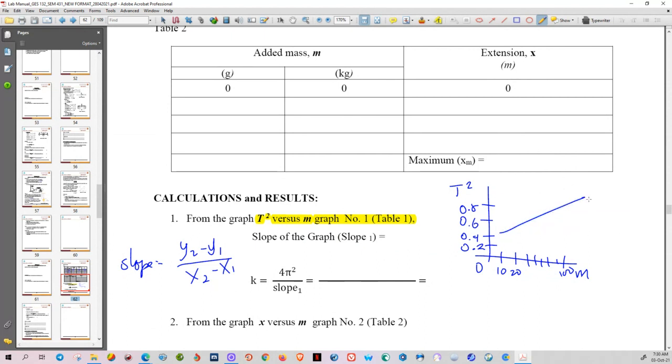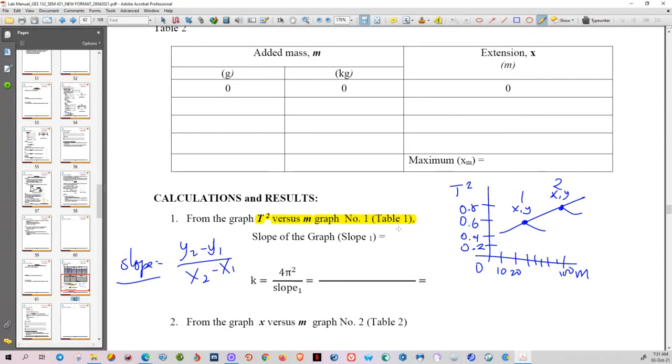Let's say this point here and this point here. What's the value of x and y? You substitute it here. So this is point number 2 and this is point number 1. Okay, that's how you get the slope from the graph using your pencil and your pen.